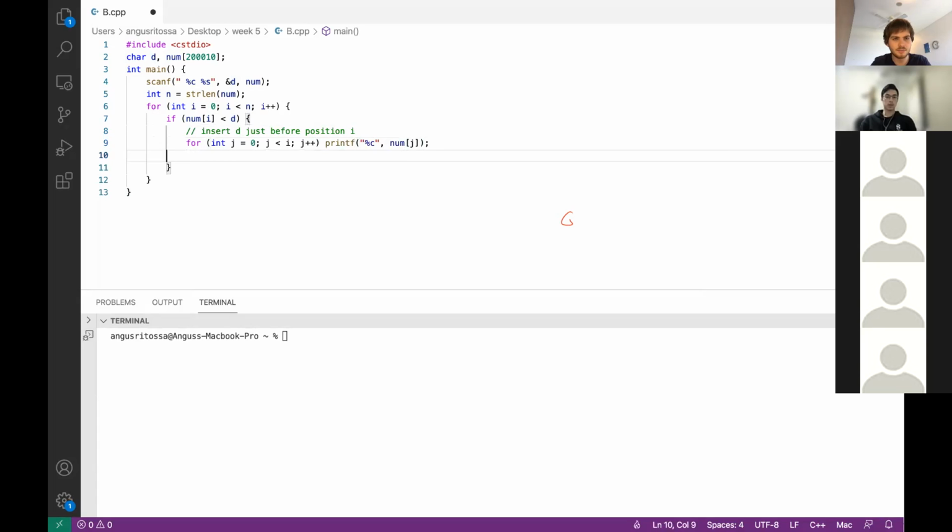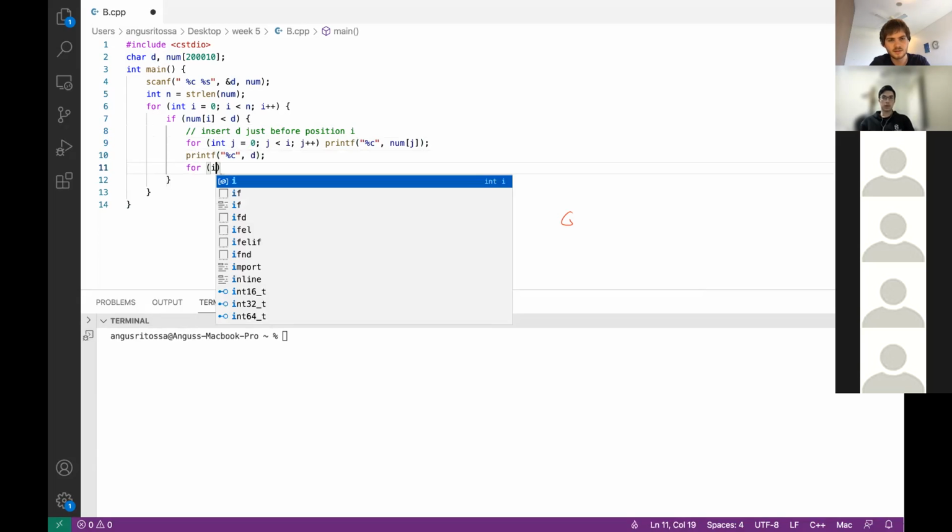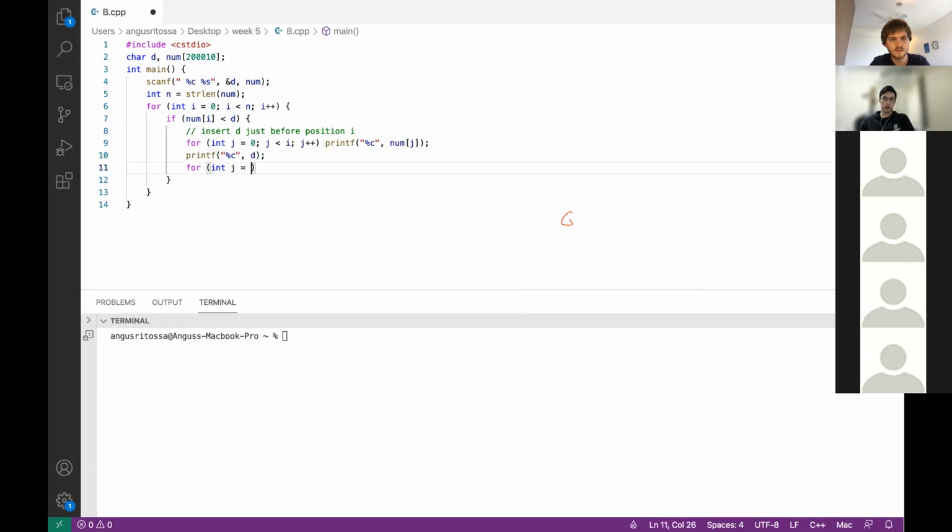We're then going to print our D here, and then we're going to print everything afterwards. Then we print a new line at the end to end our line, and return 0 to end our main function. So this will find the first place where the value is smaller than our D, and then print everything.